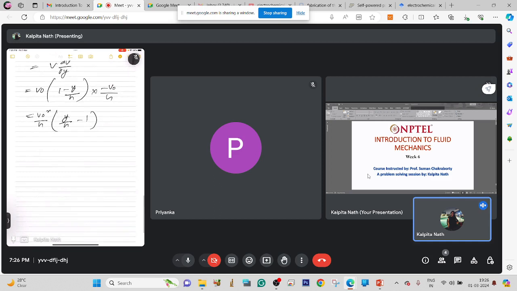So how will we find the total acceleration? That will be simply a x along the x direction, i cap, plus a y along the y direction, j cap.